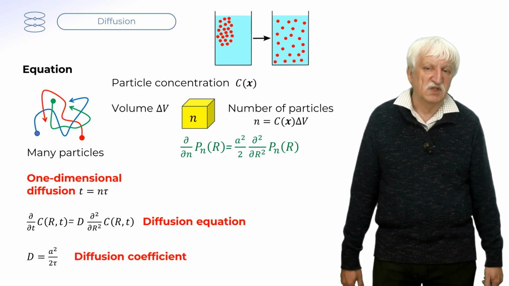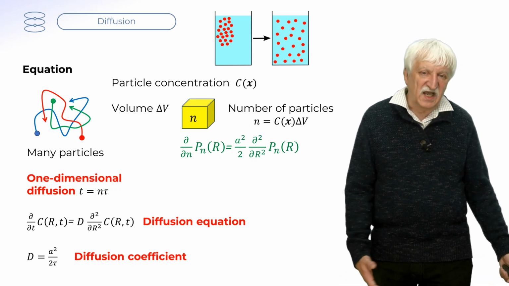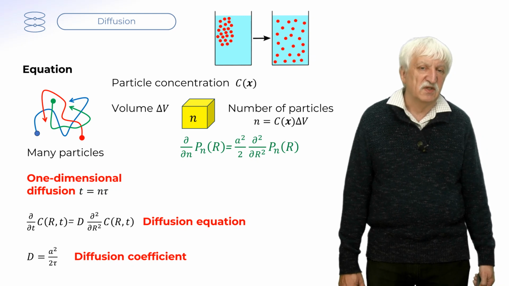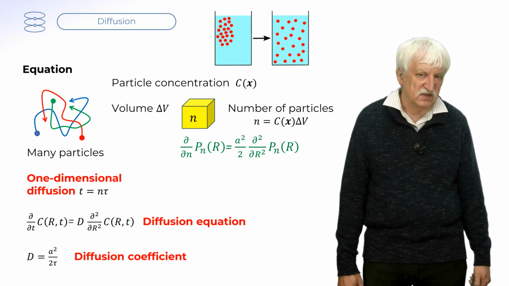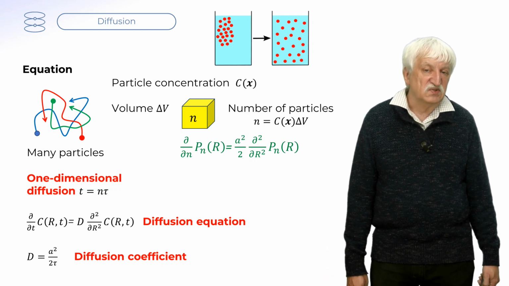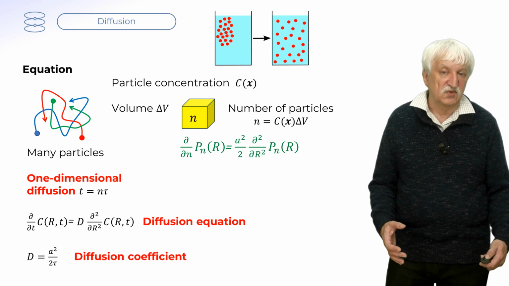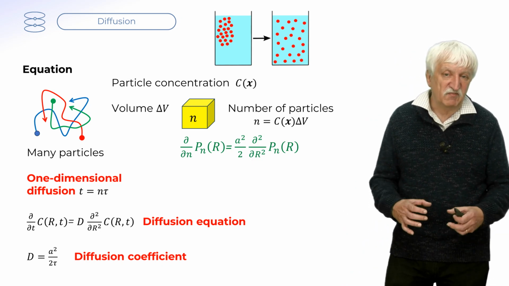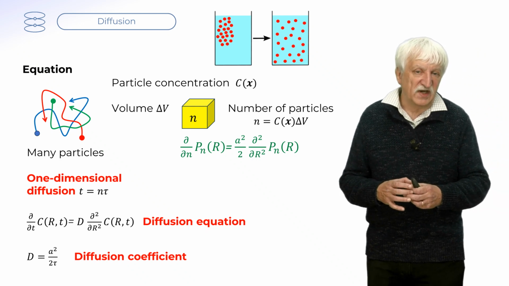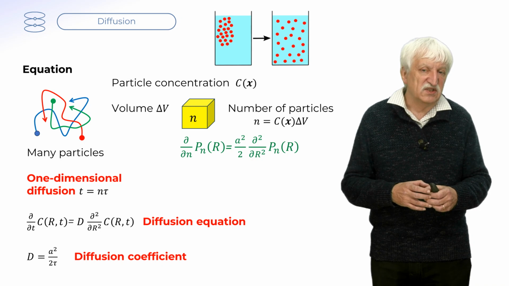So to describe diffusion, we have to introduce, first of all, the concentration of particles. To do it, consider a small volume delta V. It is small but macroscopic, so there are a large number of particles inside this volume. And this number of particles is just the concentration times this volume delta V.